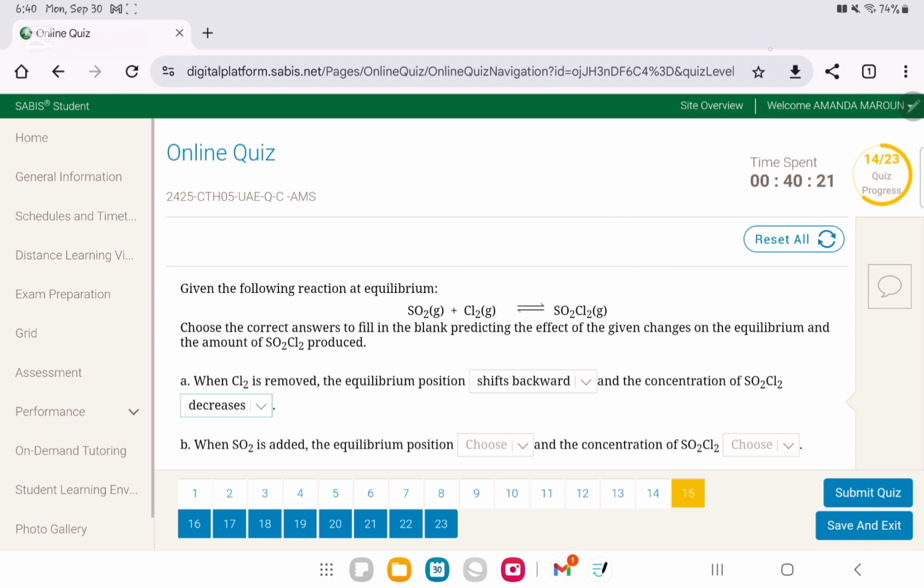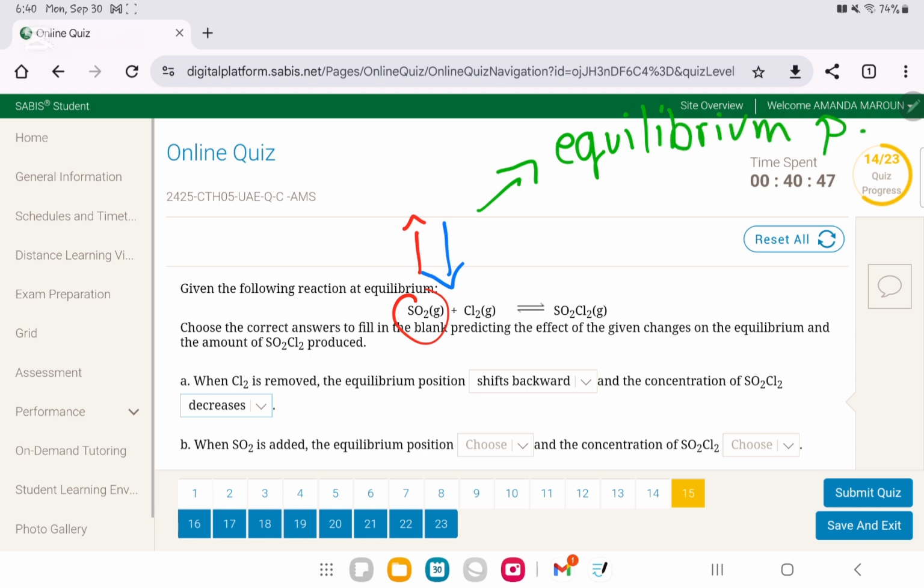Now, when SO2 is added, we are increasing the concentration of SO2. SO2 wants to counteract, so to counteract, it will decrease in concentration. And we said anytime we decrease, the equilibrium position will move forward.